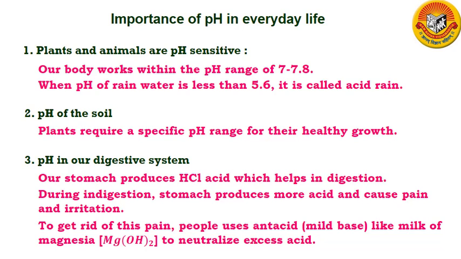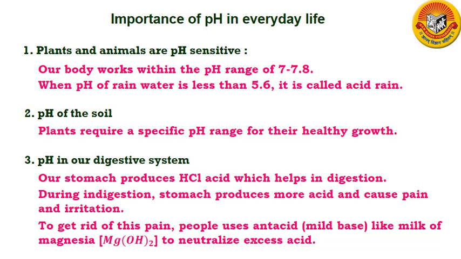Similarly, aquatic life also is endangered when the pH level decreases. In case of soil, we have seen that if the pH is too low or too high, then it is difficult to grow plants or crops on that land, and therefore it is also very important for soil.